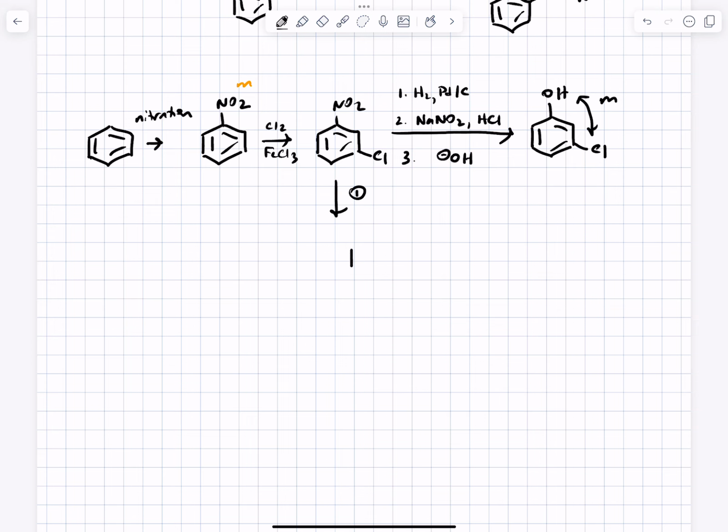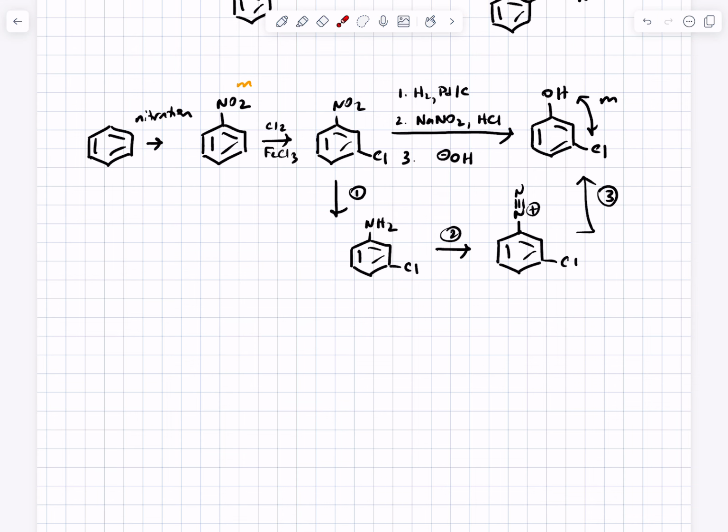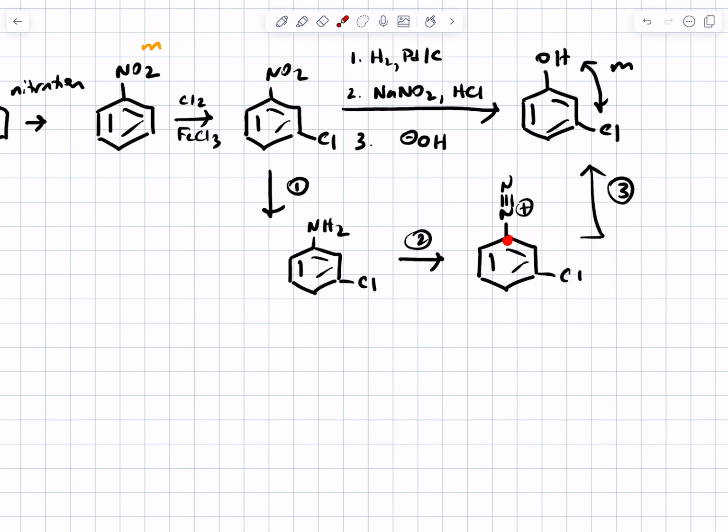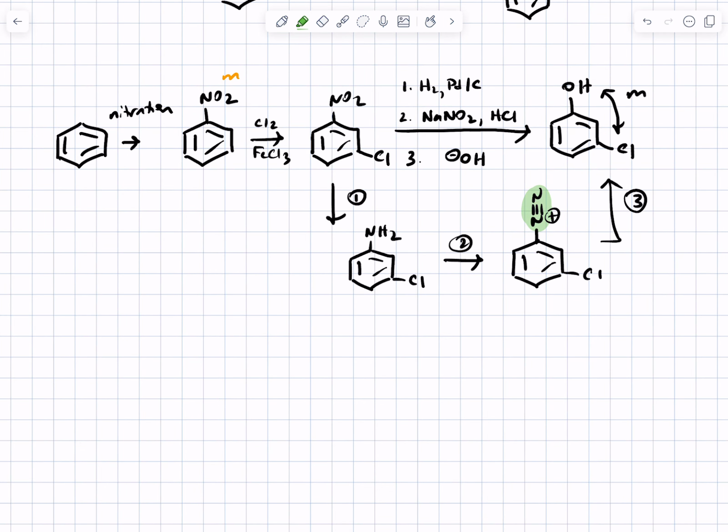Just to be clear, here's the aniline, then here's the diazonium, and then that reaction does the nucleophilic aromatic substitution and replaces the nitrogen leaving group. Okay, you see that strategy there? That accounts for the meta relationship between the OH and the Cl.